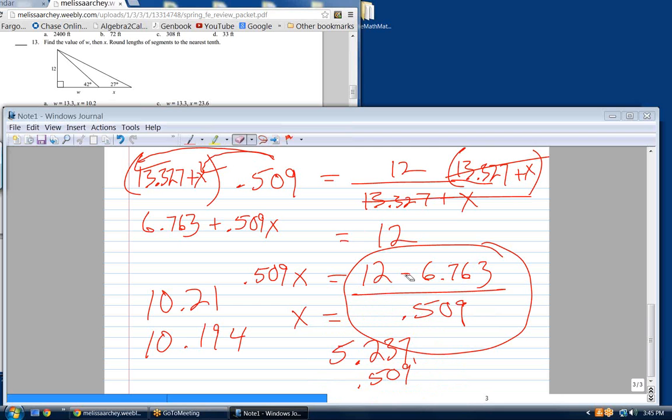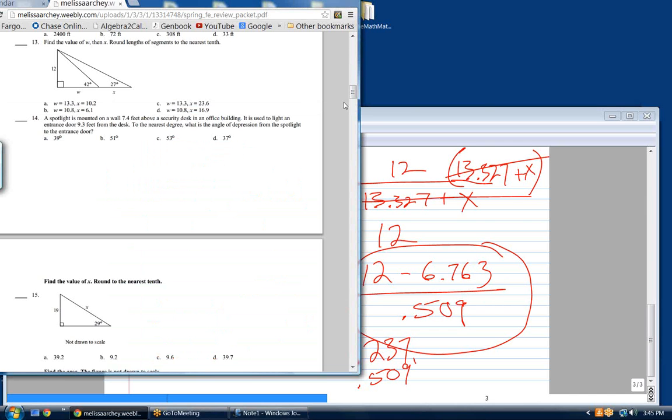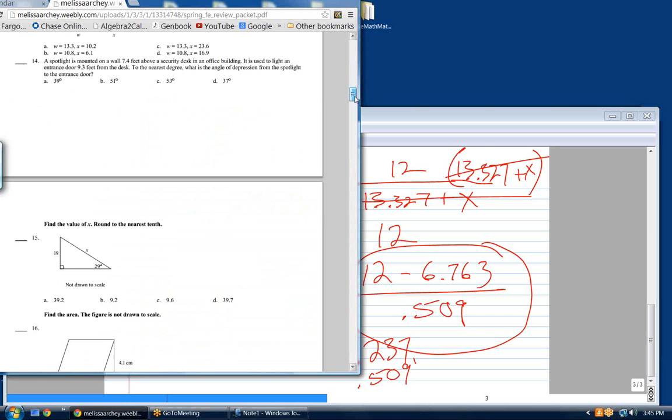It's 12 minus, because in order to solve that equation, we have to subtract 6.763 from both sides. So it's 12 minus 6.763, and then that is what gets divided by 0.509. Okay, that's where I made my mistake. All right, let's go to 14.